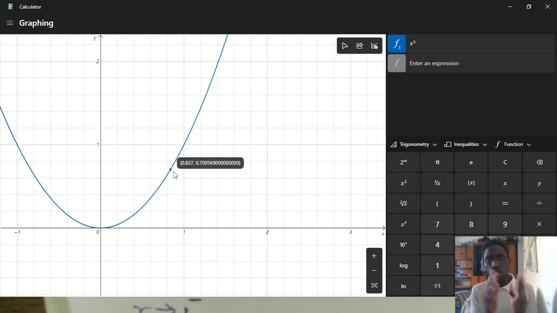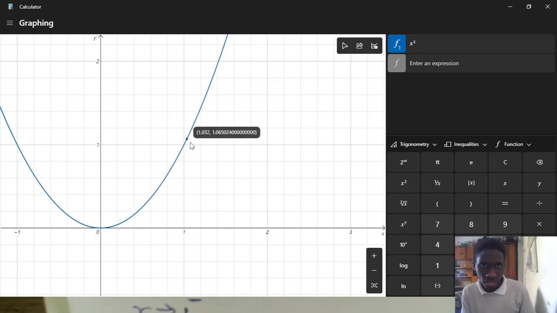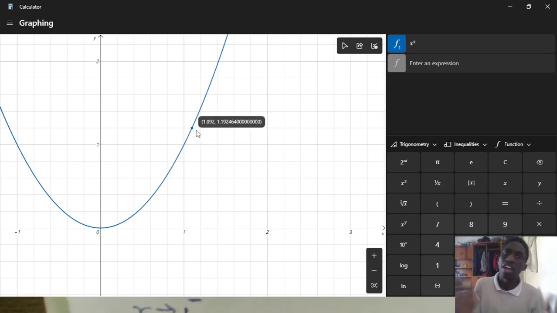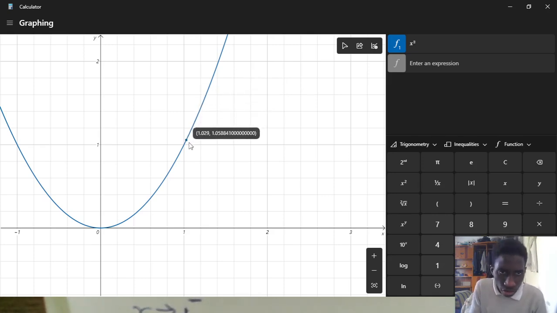So I can approach 1 from two sides on this graph. I can either approach from the right, from here. Your right is not my right and my left is not your left, it's opposite. But I think we can both see that this is the right hand side of the graph, and we are approaching 1 from the right.